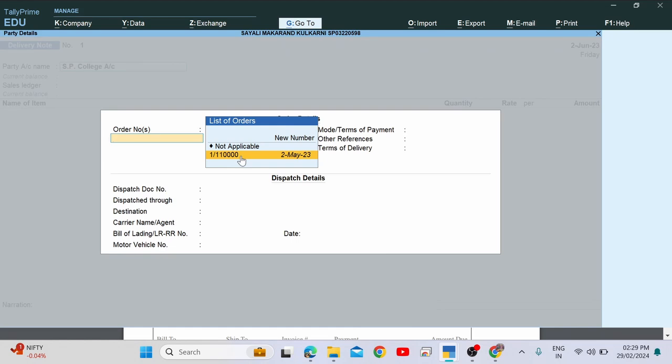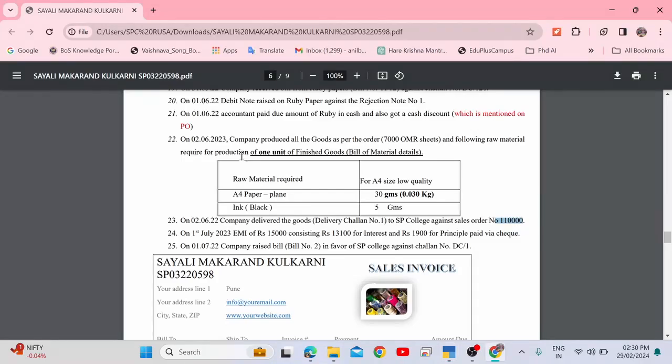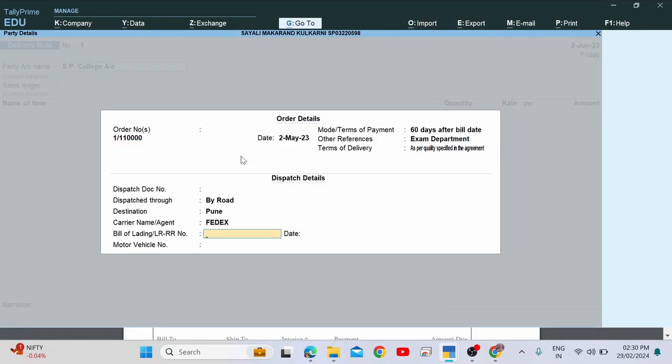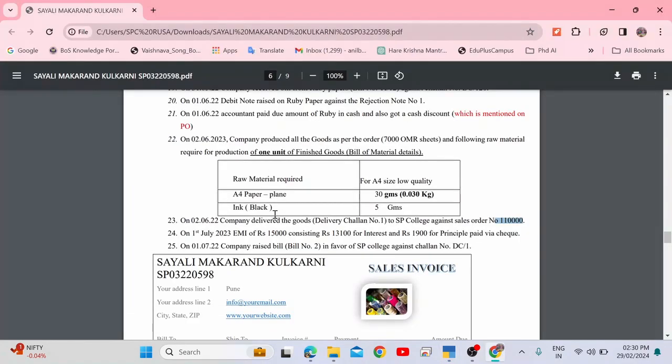If so many types of orders are there, which one to select? Right now we have only one, easily you can select, but in actual practice you will never get one. You will get a whole list of 20 to 30 orders. To select from that you require this number, therefore by oblique you write, or otherwise if you have a specific logic you can create with that logic.